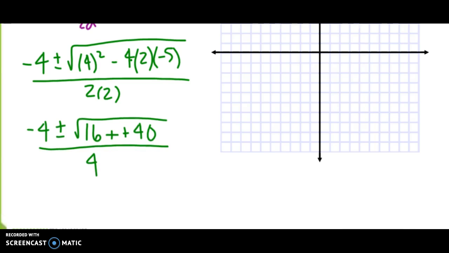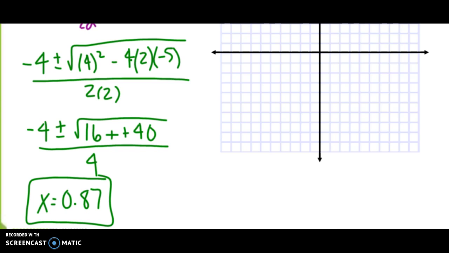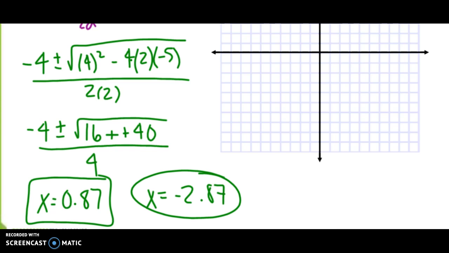So I can put this in my calculator, and when I do that I get negative 4 plus the square root of 56 divided by 4, and I get x to be 0.87 approximately, and then I do negative 4 minus square root of 56 divided by 4, and that's x equals negative 2.87. So those are my approximate values of x that I have as my roots.